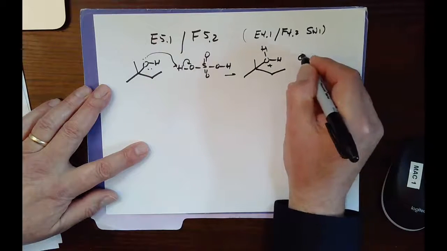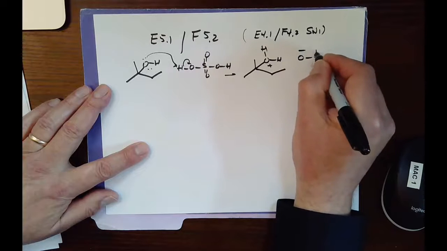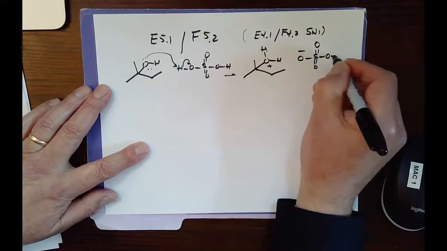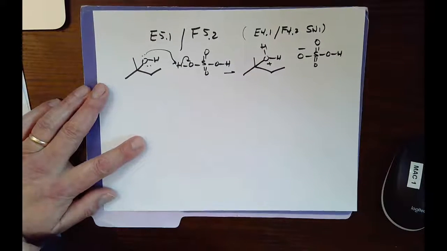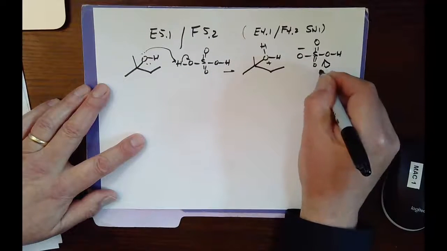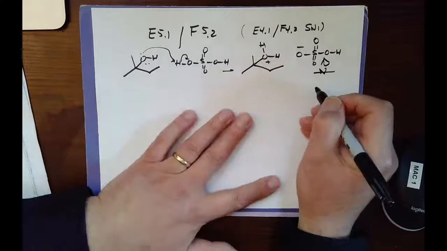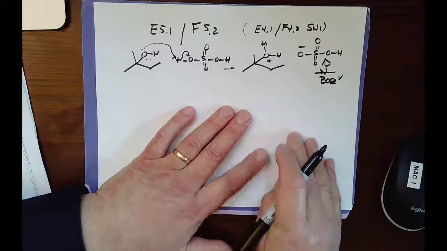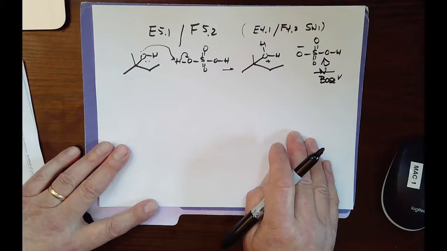But the conjugate base of sulfuric acid is not a nucleophile. That's the advantage coming in. It is not a nucleophile, but it is a base, and we are going to use that base to make an E1 product.